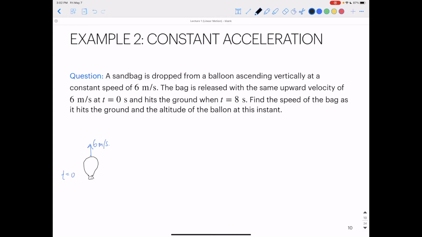After some time later, our balloon has moved upwards. We'll call the position s equal to 0 from the initial position, and we'll say the position upwards is s of the balloon.